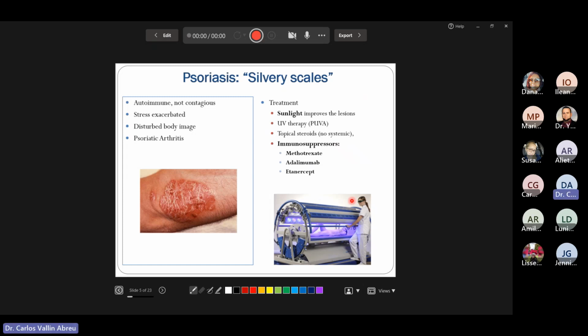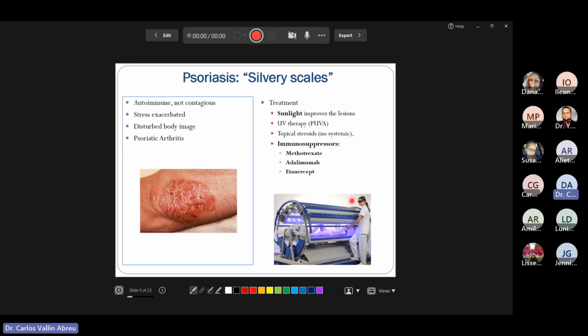Psoriasis is a condition of the skin which is considered autoimmune. As with most autoimmune diseases, we don't know why it happens, but we know that there are cellular and humoral immunity, I mean, white blood cells and antibodies that are confused and attack the skin as if the skin were a foreign substance or bacteria.